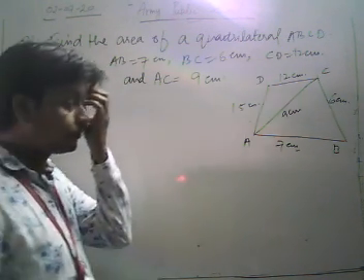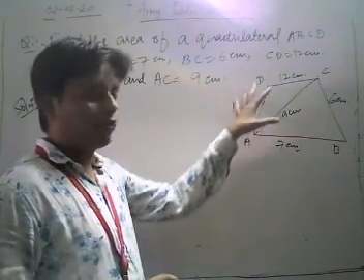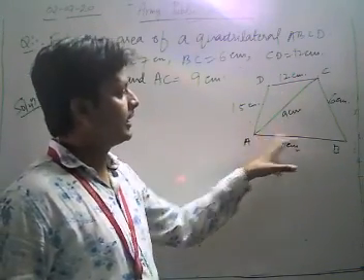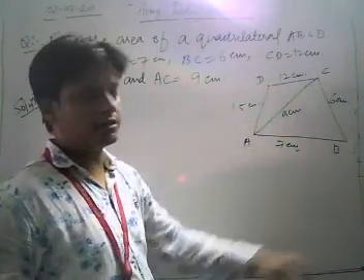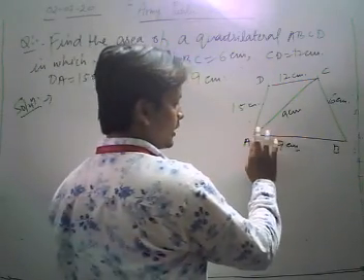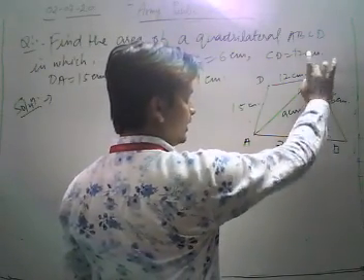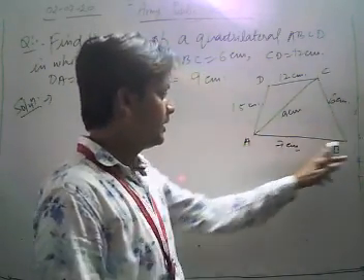Okay. Now, for finding the area of the quadrilateral ABCD, first we find the area of triangle ABC by using Heron's formula.